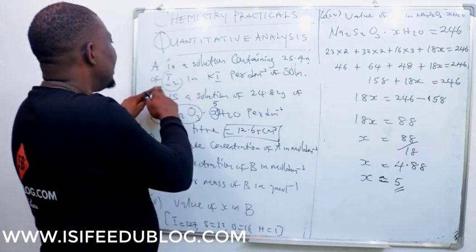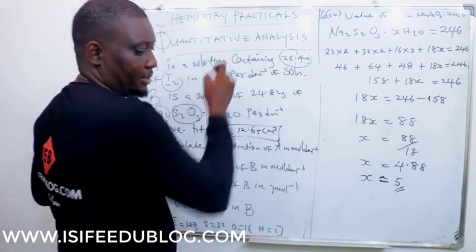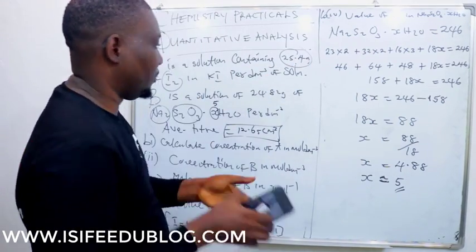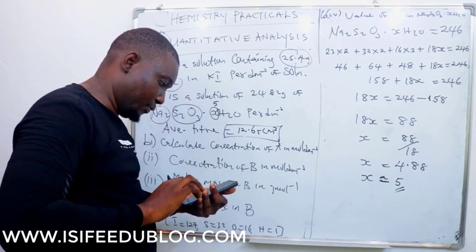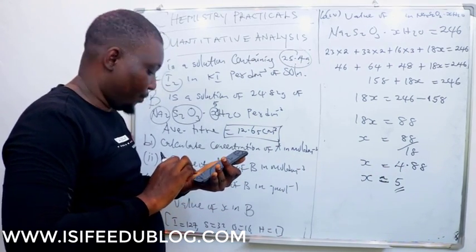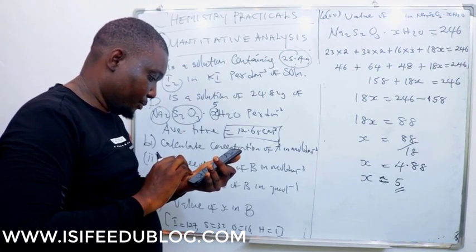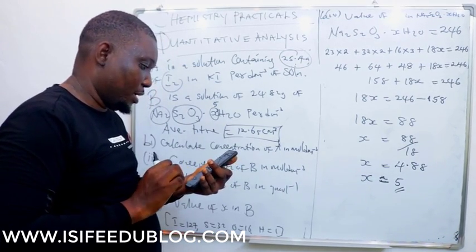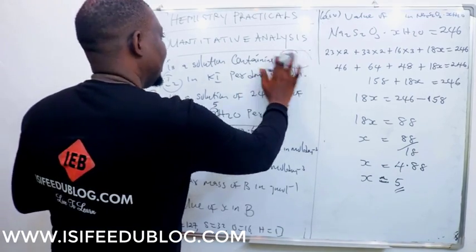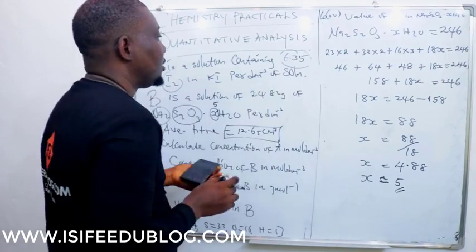Sometimes in this question, you see that A is a solution containing half of this. Let's see what half of this is all about. Half of that, which is 25.4 divided by 4, actually gives me 6.35 gram.